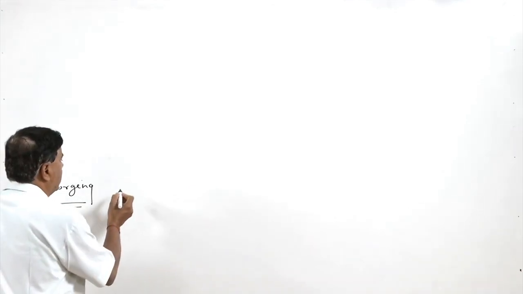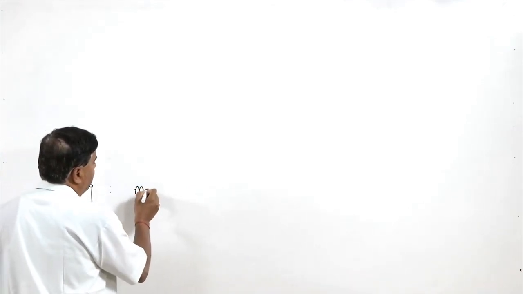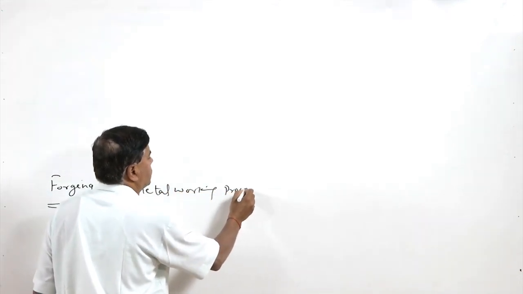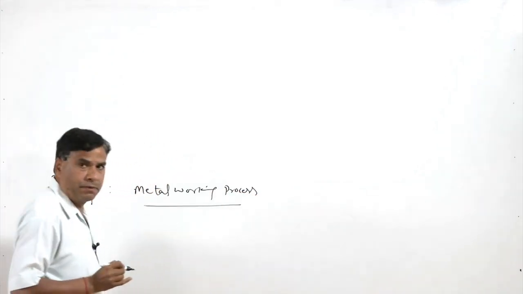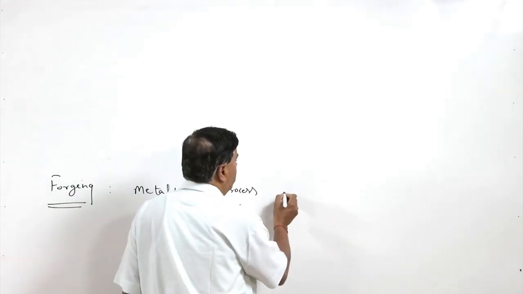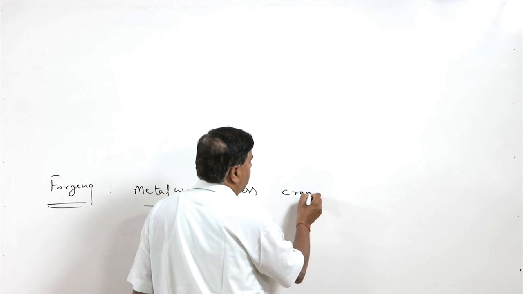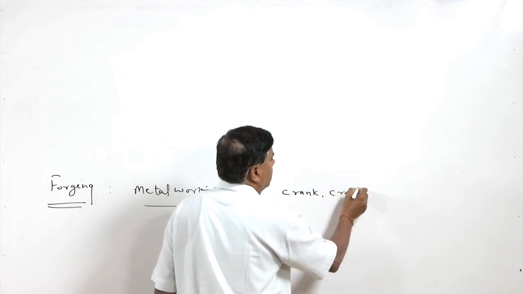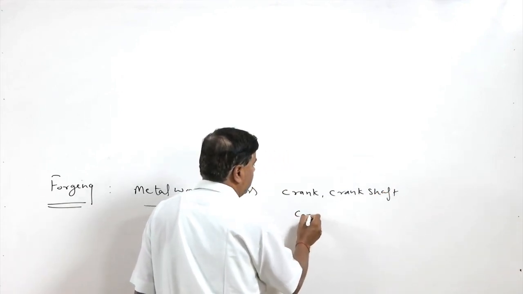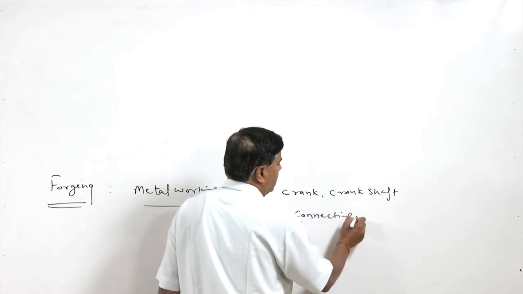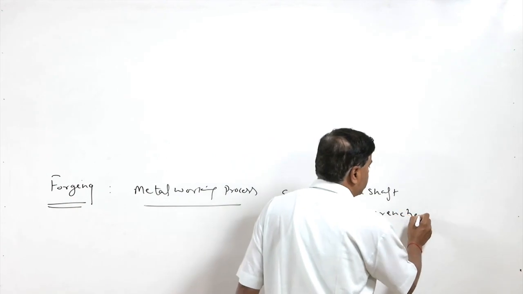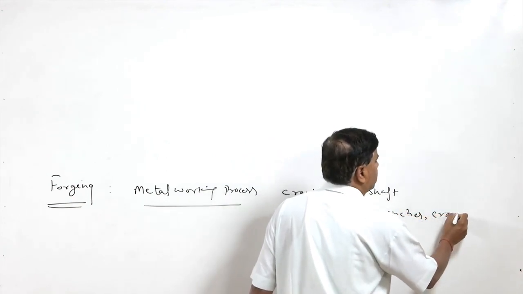This is a very important metalworking process, which is of great commercial importance because it is extensively used for making a variety of products, like crankshafts for automobiles, connecting rods, wrenches which are used for assembling and disassembling purposes, and crane hooks.